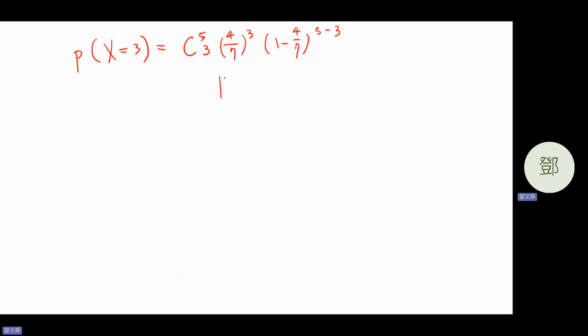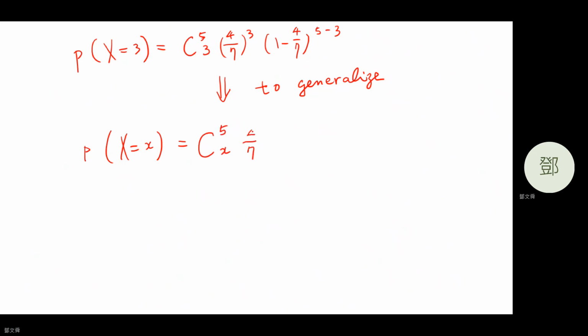To generalize, probability X equal little x, with 5 minus x, and x can be 0, you got no red ball, or you got 1, or 2, 3, 4, 5.